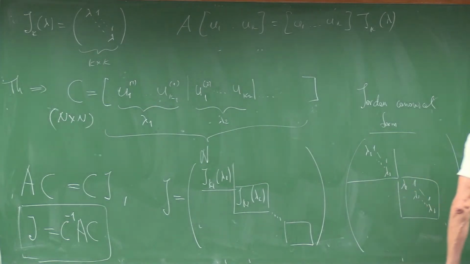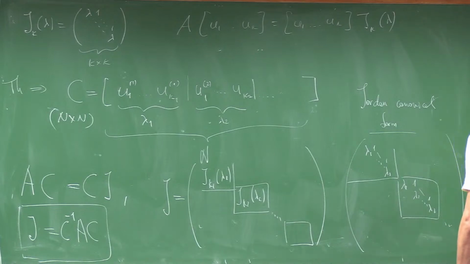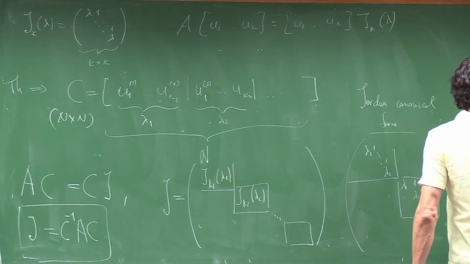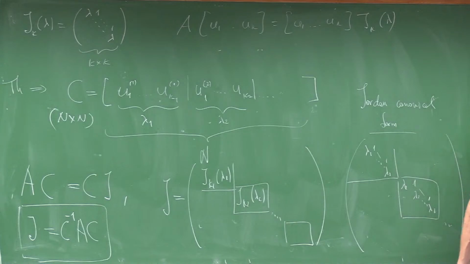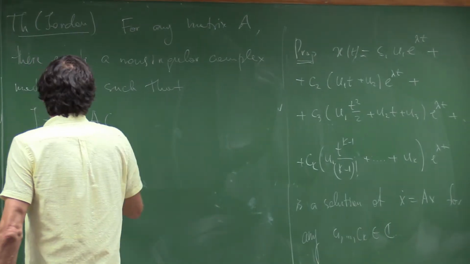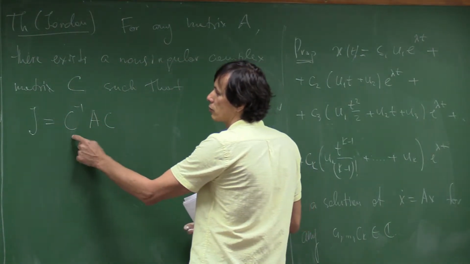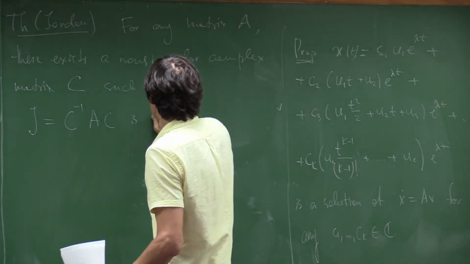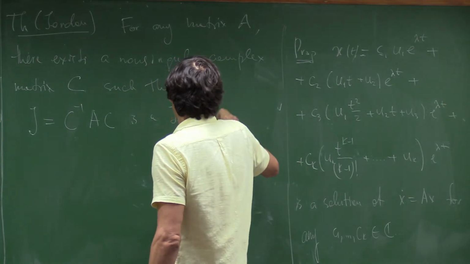And this is what the Jordan theorem tells you: that for any matrix A, there exists a non-singular complex matrix C such that when you multiply by this matrix C and C minus 1 on two sides, it is a Jordan canonical form.